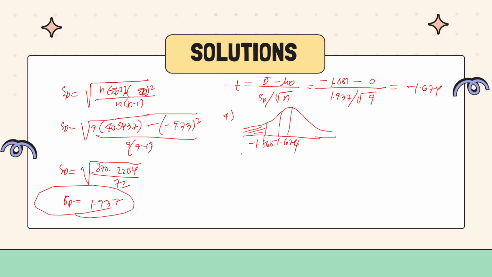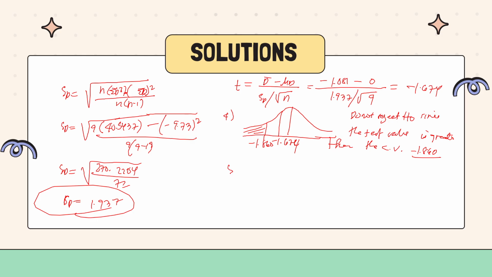It means that we do not reject H0, since the test value is greater than the critical value, negative 1.860.